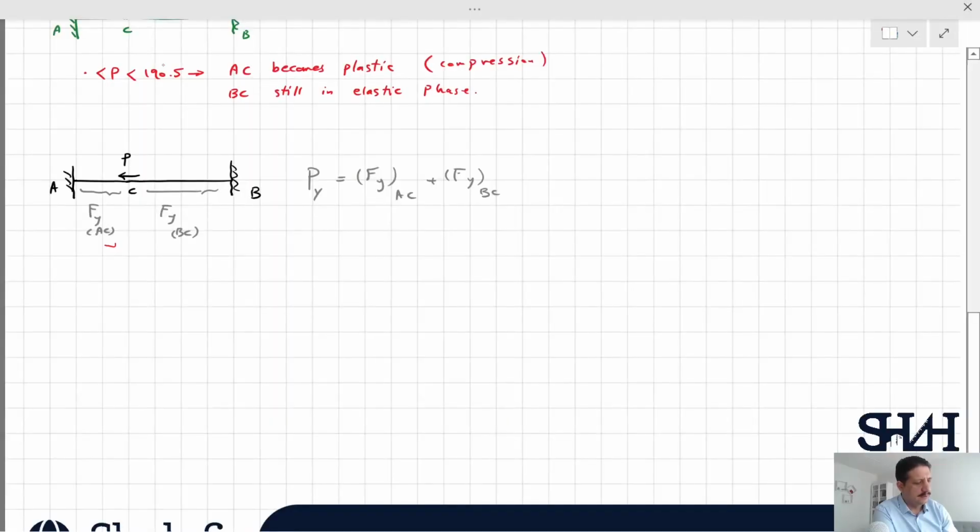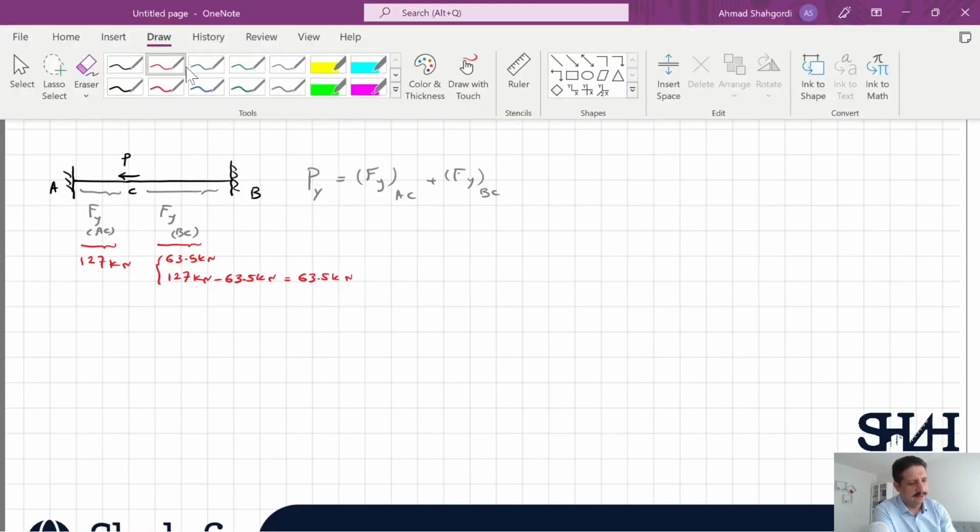At the moment, Fy is 127 kilonewton, and this is 63.5 kilonewton, and the left capacity is 127 minus 63.5, 63.5 kilonewton capacity left. So there are different methods. We can say that at the moment it is 191.5, and we can increase by 63.5. Or we can directly calculate by summation of the yielding force of each element, which is 127 plus 127. In either case, you will get the same result.